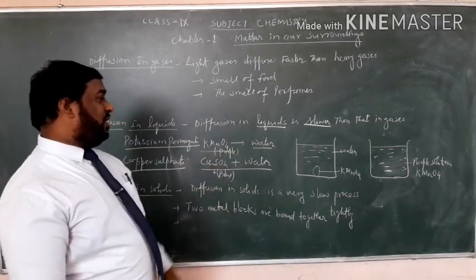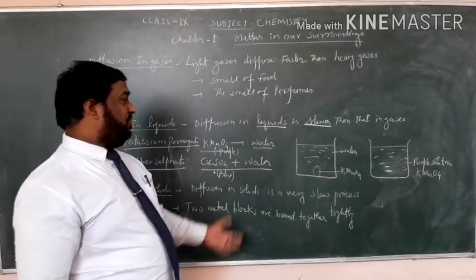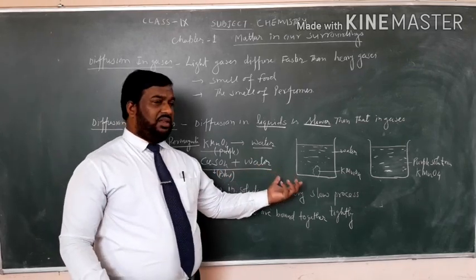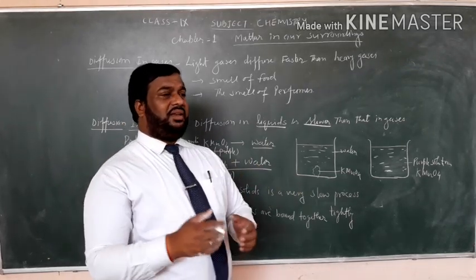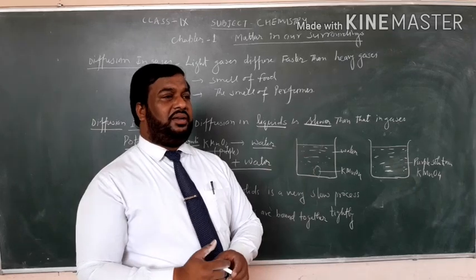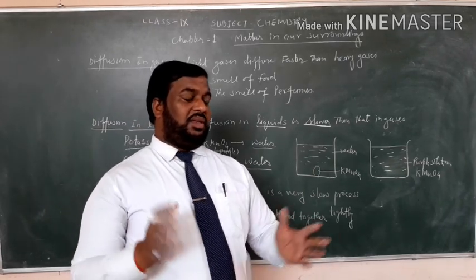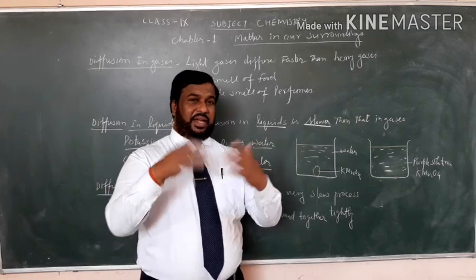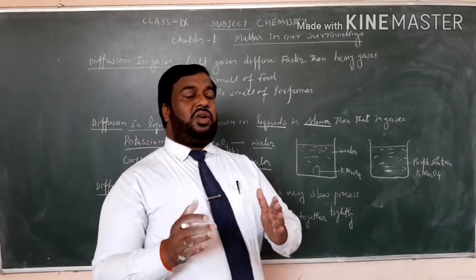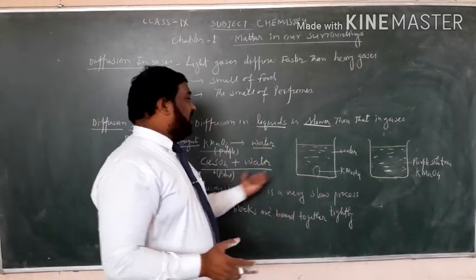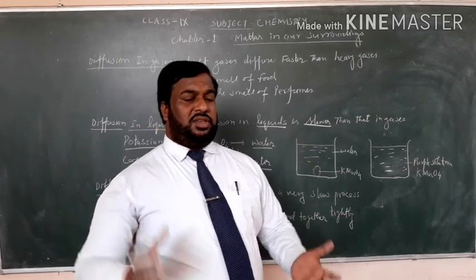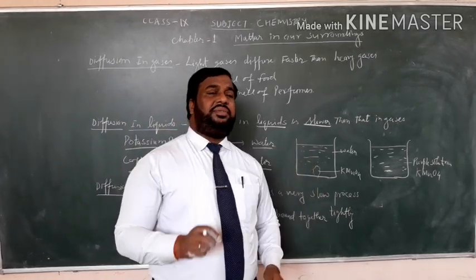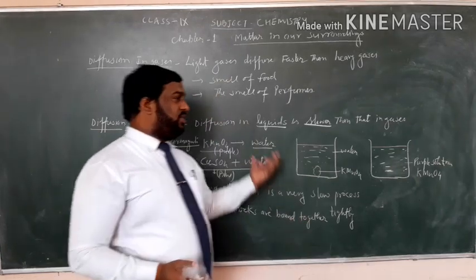So this blue colored copper sulfate, whenever we take it in a beaker and pour water, after some time the molecules of copper sulfate spread into the water. So a blue colored solution is formed. So this is the phenomenon of diffusion in liquids.